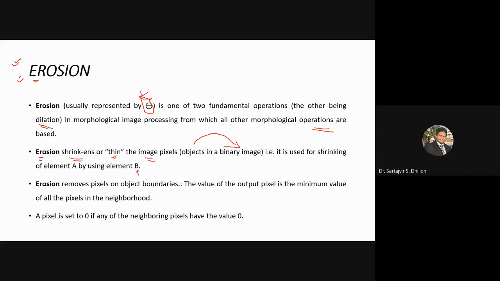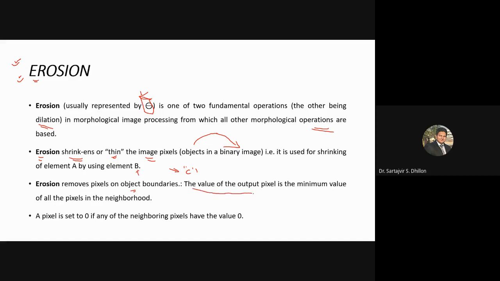With the help of structuring element B, we can shrink the image A and generate the image C, or you can assume any other parameter to represent the output. Please note that erosion removes the pixels on the object boundary, and the value of the output pixel is the minimum value of all the pixels in the neighborhood.